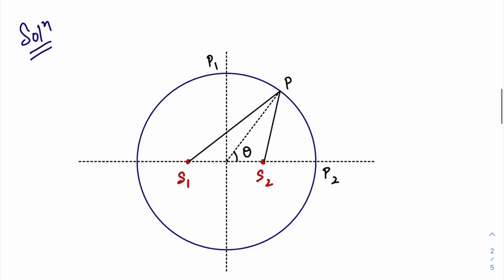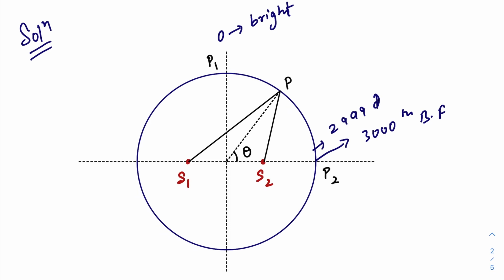Now see, here at point P the path difference is 0, so we'll get the 0 order bright fringe. And at point P2 we'll get the 3000th bright fringe. In between that there are about 299 dark fringes also.